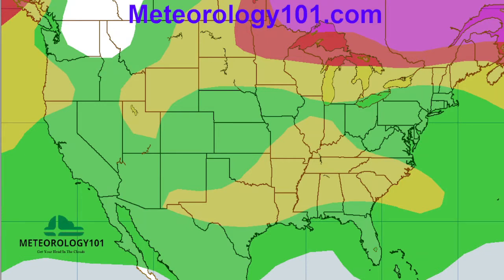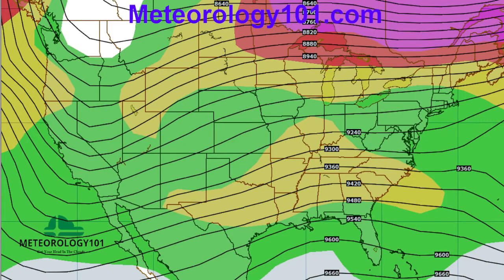Just be a second. Then we need to turn up the station plots too, because the balloons that are released, there's not as many as there are weather stations on the surface. So we want all the data we can get.